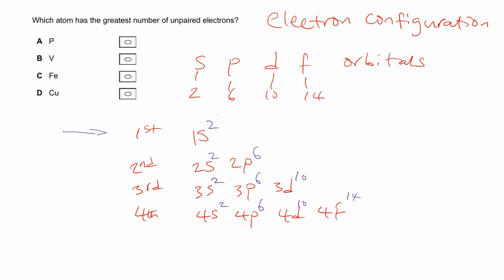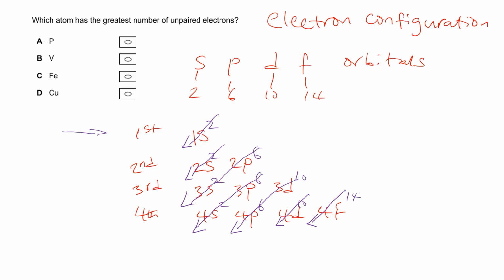So you start with 1s2, 2s2, 2p6 and 3s2, 3p6 and 4s2, 3d10, 4p6, then 4d10, and finally 4f14.